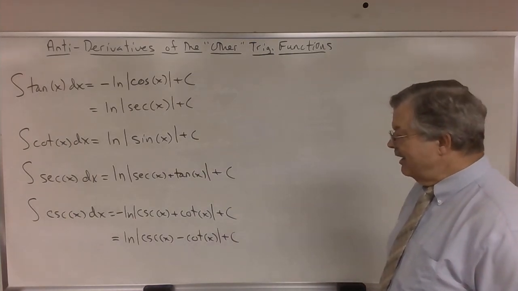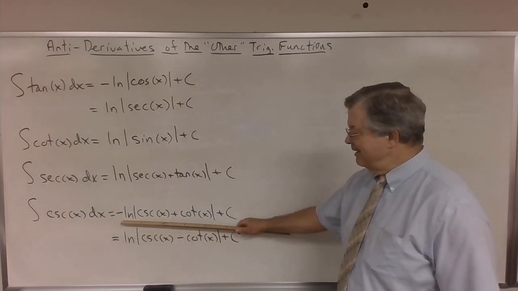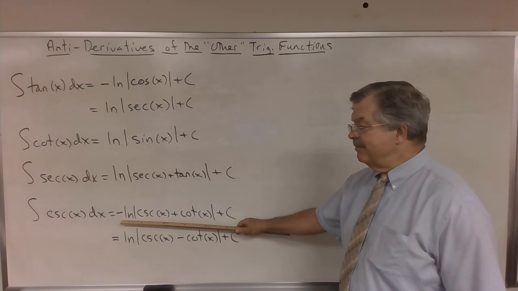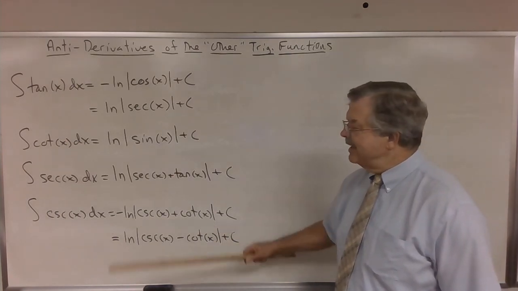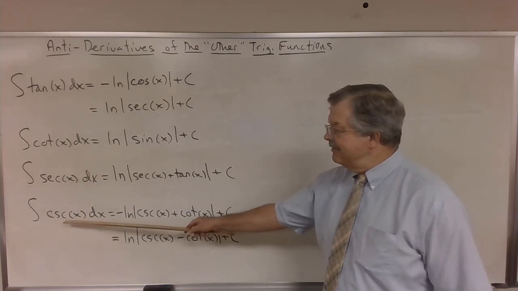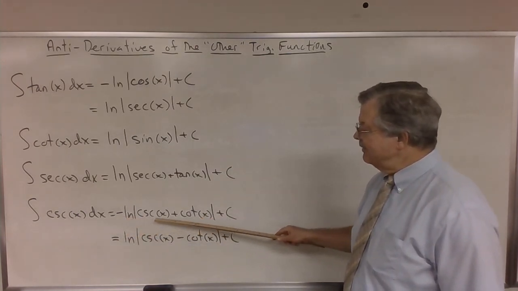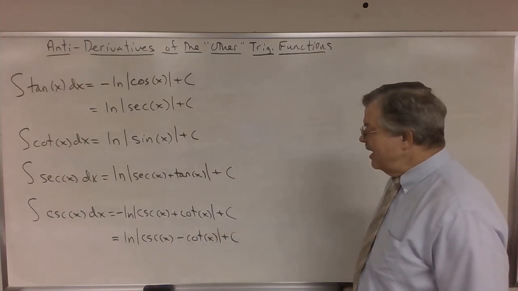And you know what? Our book actually does have another rogue formula. It's correct, but this is the only text in the world that has it this way. The antiderivative of cosecant x is negative natural log of cosecant x plus cotangent x plus c.